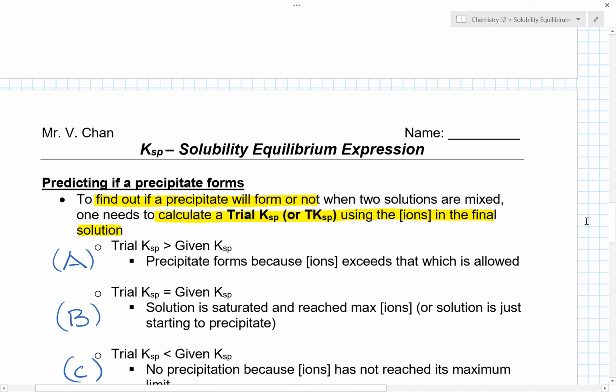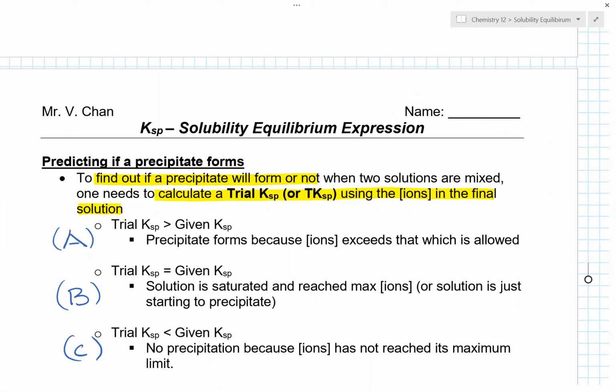To find out if a precipitate will form when 2 solutions are mixed, one needs to calculate a trial KSP, or TKSP, using the ions in the final solution. I've given you 3 scenarios. If trial KSP is greater than the given KSP, a precipitate forms because the ions exceed what is allowed.